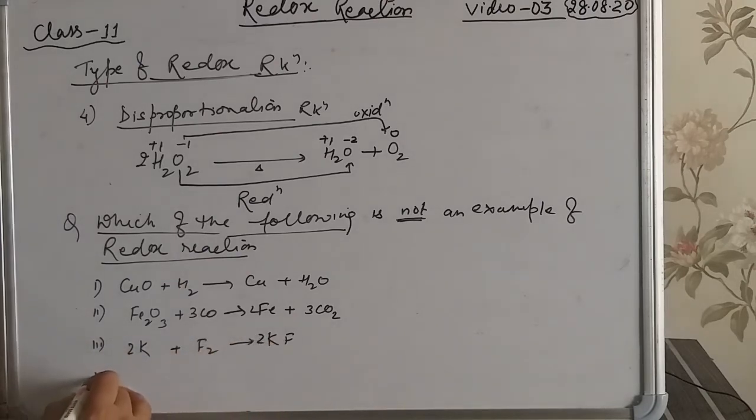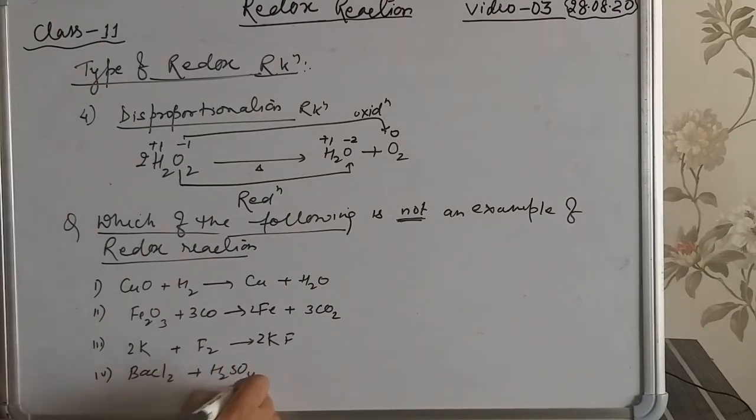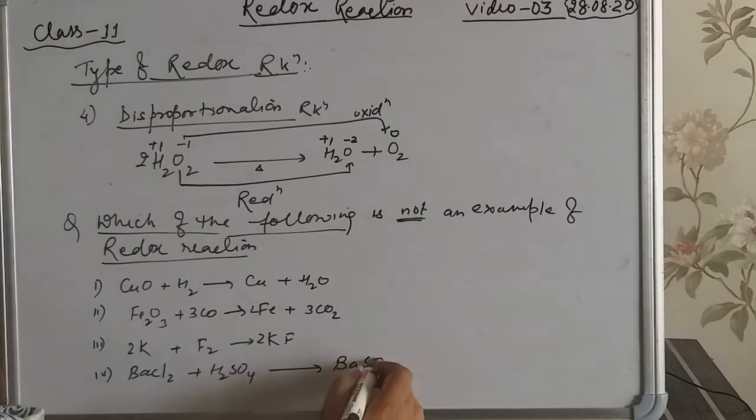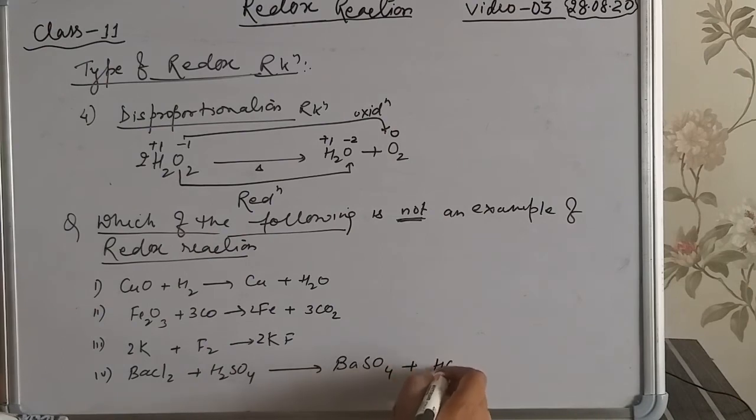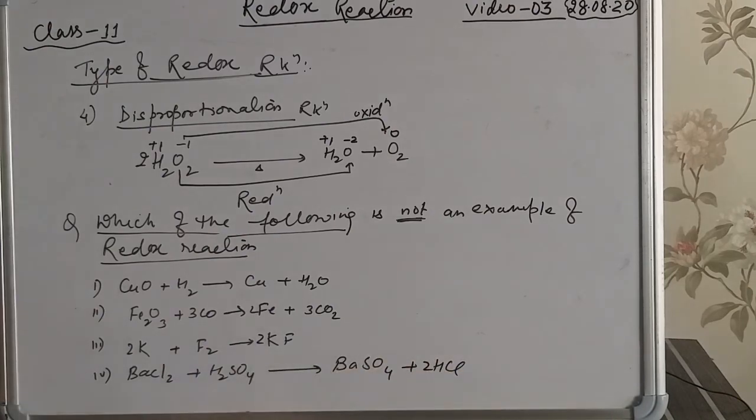And last, barium chloride with H2SO4 forms barium sulfate and HCl. Students, find out which one does not undergo a redox reaction.